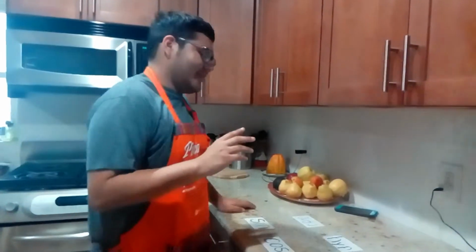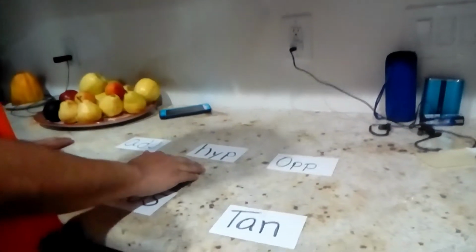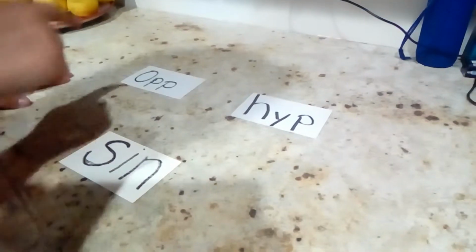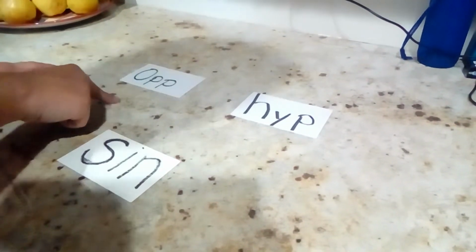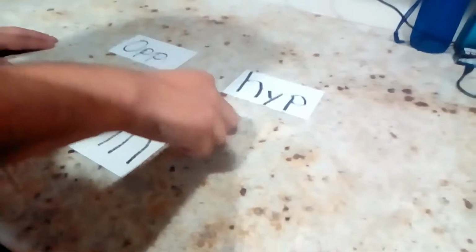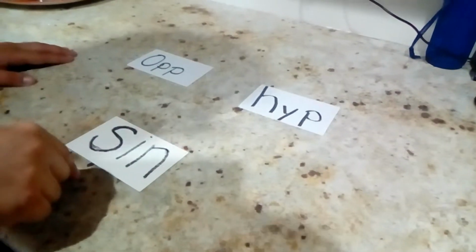So we're gonna start with our basics. Now we're gonna start with our hypotenuse, our opposite, to create our SOH CAH TOA. So we start with a hypotenuse over a height, and with sine.